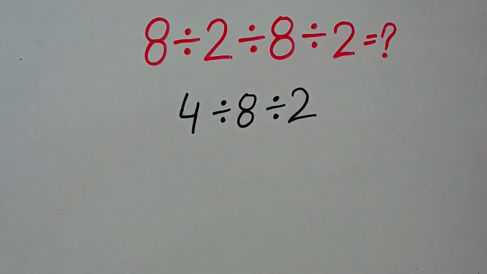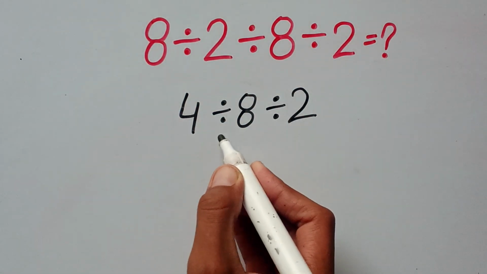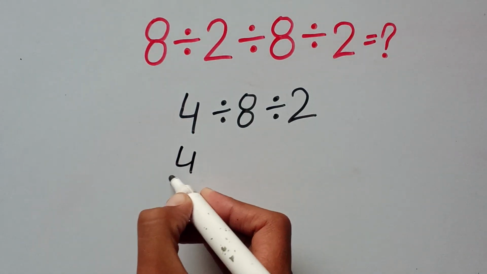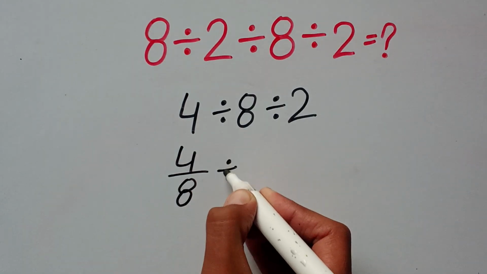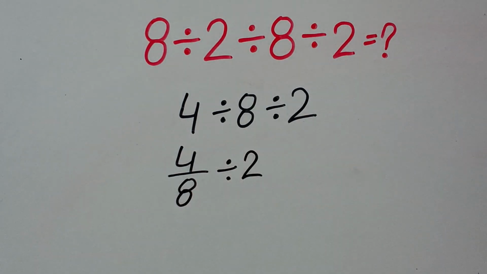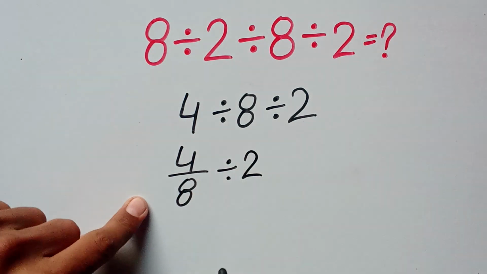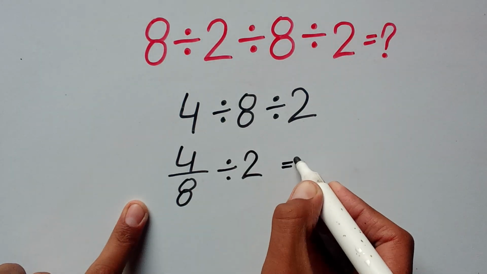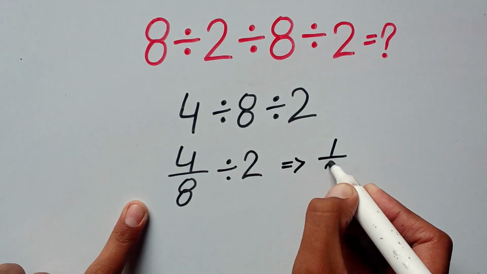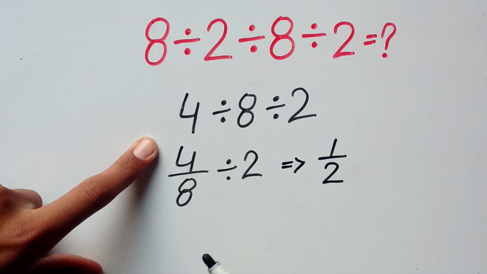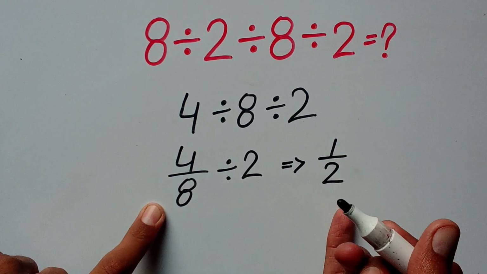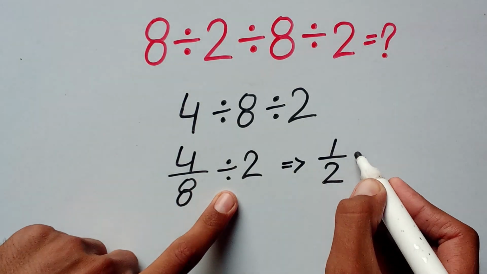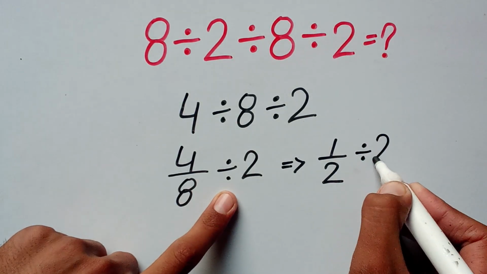Now 4 divided by 8 equals 1 over 2, because 4 ones are 4 and 4 twos are 8. So it becomes 1 over 2 divided by this 2.